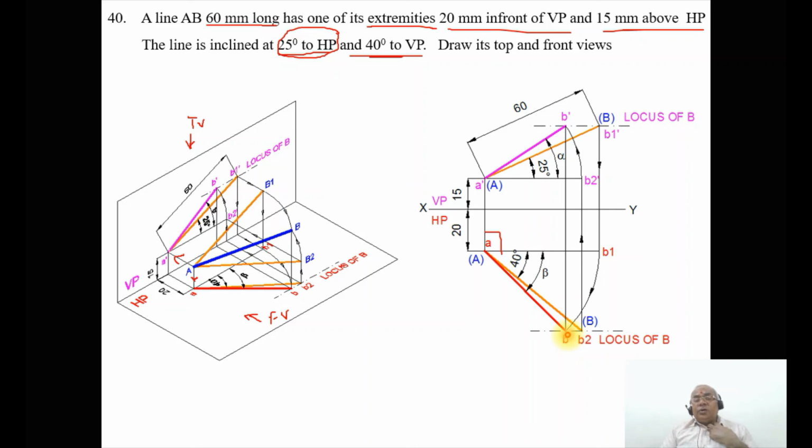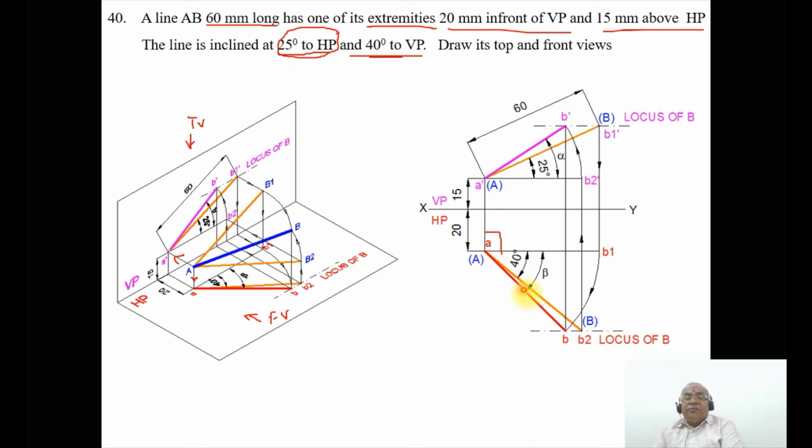Similarly, we want to draw the same thing using the front view now. As we see, the true length in the top view is AB2. You take that end B2 and draw a vertical projector such that both A dash and B2 dash are above the XY line by 15 mm. Only then will the line be parallel to XY.